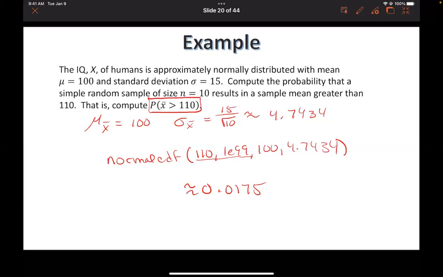So I have 110 to 1E99. So 110 is my lower value, and then infinity is my upper value because it's greater than 110. Yeah, so if I drew it, that was really ugly. This right here is 100. And then 110 is way out here. And I'm looking for this probability over here.